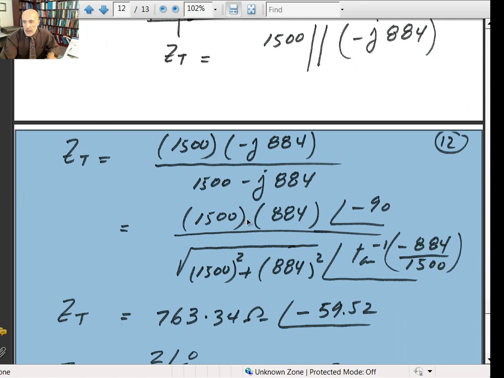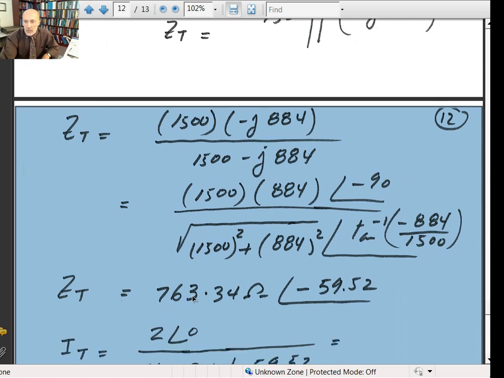If you carry that out, this angle is negative, like 40 some degrees. So minus 90, minus a minus, it gives you a plus, then you end up with minus 90 degrees plus 59.52 degrees. And then multiply those two, divided by this number, it gives you 763.34. That's the magnitude of impedance in ohms.